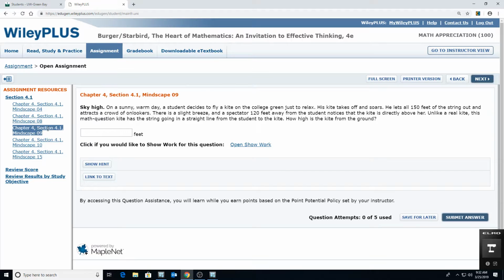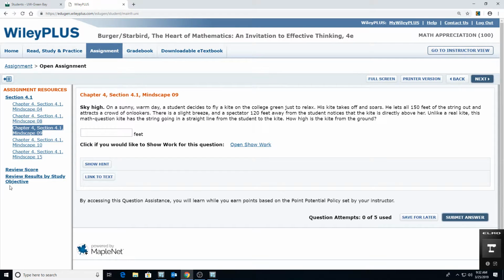So unlike a real kite, this math question kite has a string going in a straight line from the student to the kite. How high is the kite from the ground? So the string is 150 feet long, and that makes the diagonal in a right triangle because the student's right underneath, 120 feet away. So, okay, we'll go ahead and look at that one in a bit.